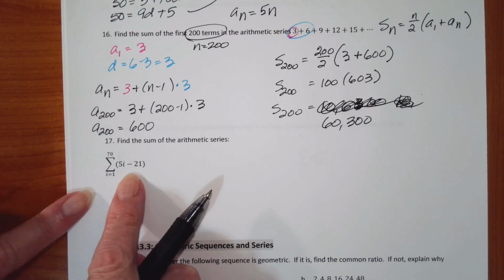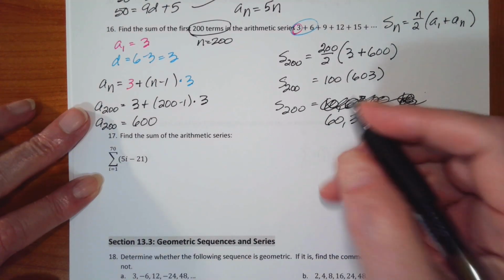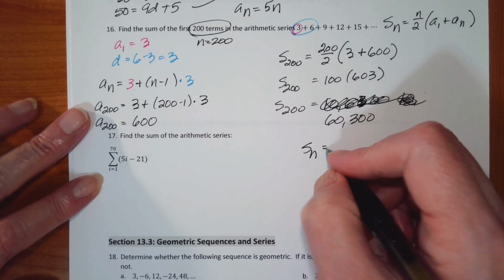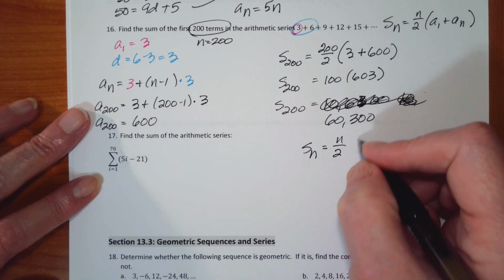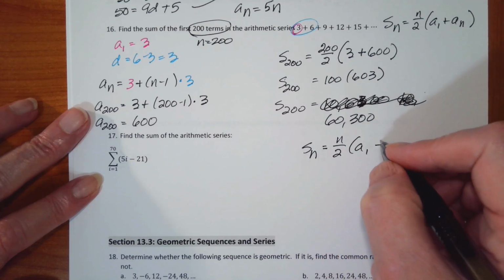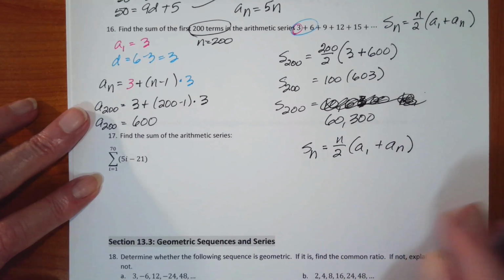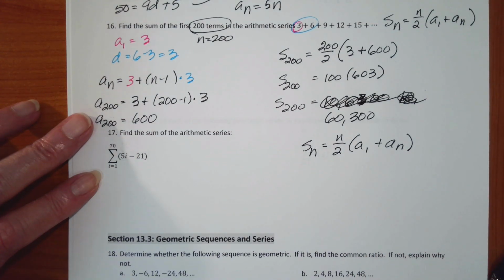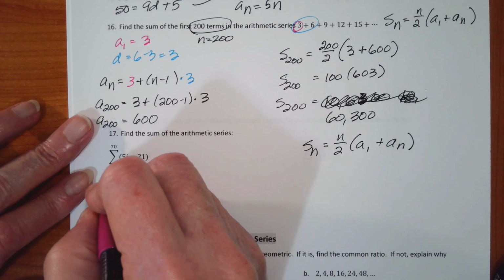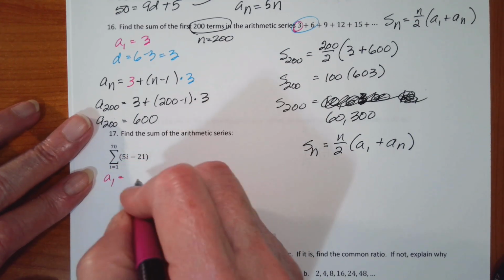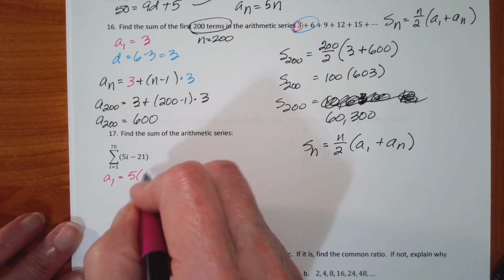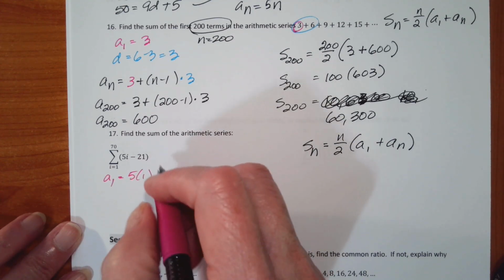Okay, so to find the sum of this series, what do I know? I'm going to use this formula again. S sub n equals n over 2 times a sub 1 plus a sub n. So what do I know from here? So a sub 1 is equal to 5 times 1 minus 21.